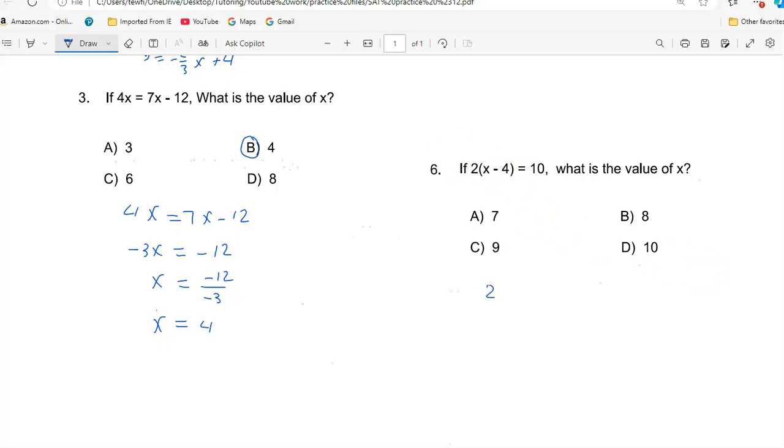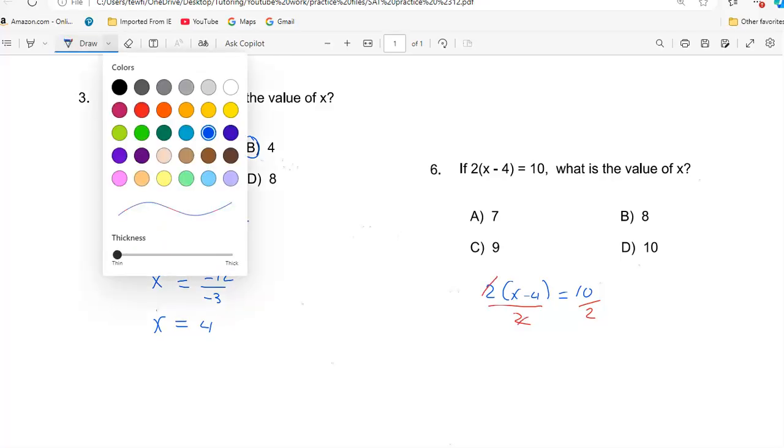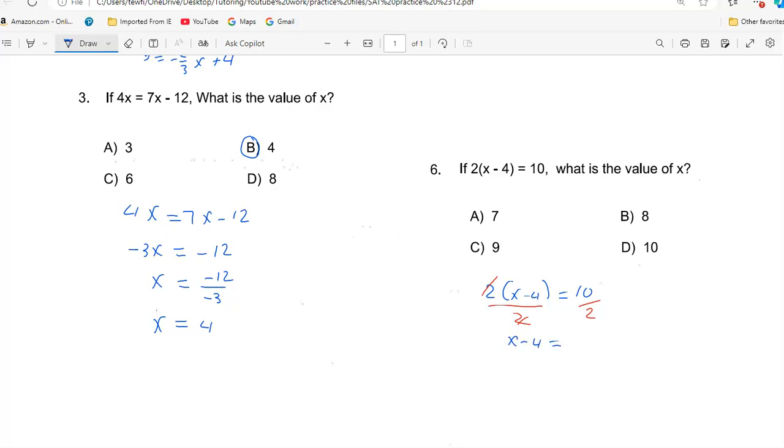So if I have 2 times x minus 4 equal to 10, by dividing both sides by 2, the 2 cancels, and I just get x minus 4 equal to 5. If I add 4 to both sides, I get x by itself equal to 9, and that's choice C. And that's it for this one.